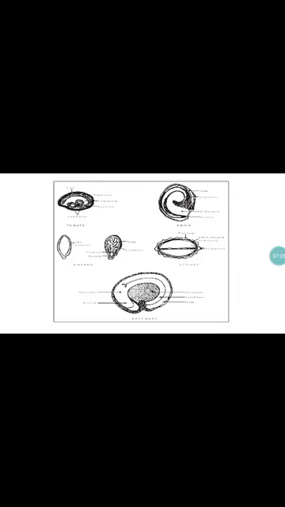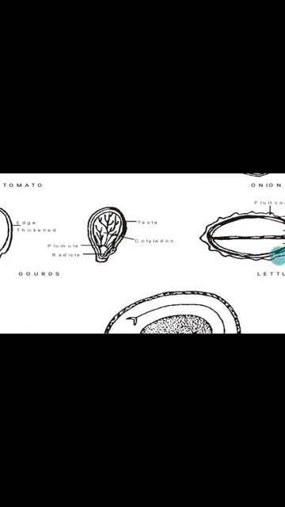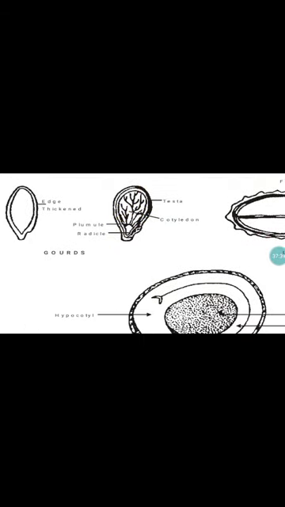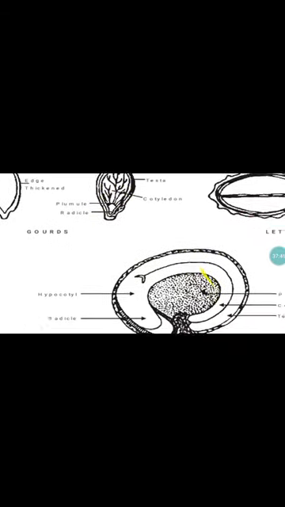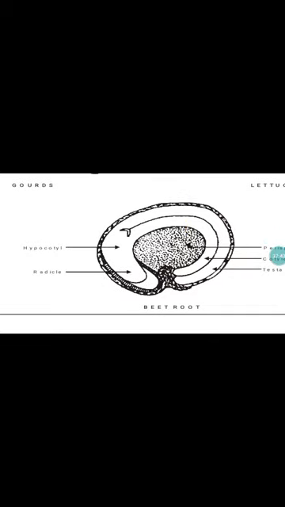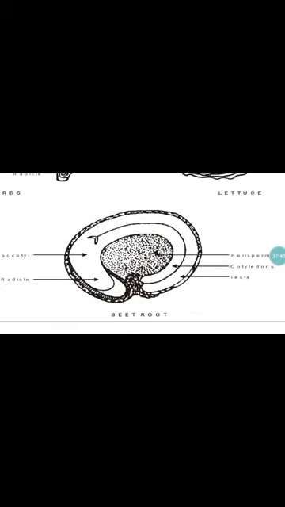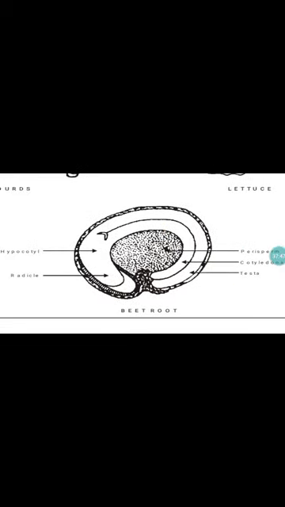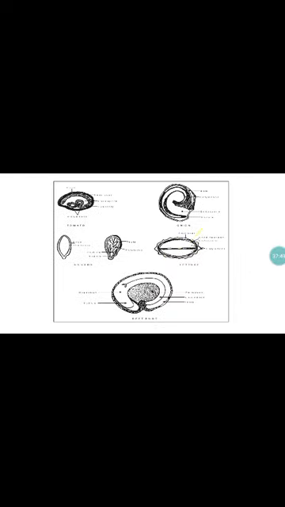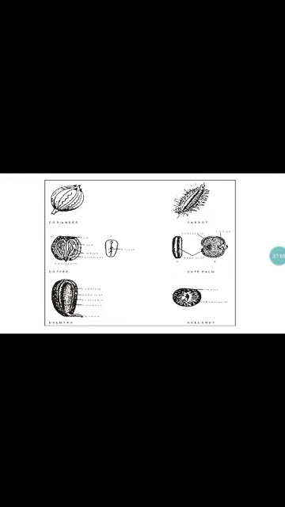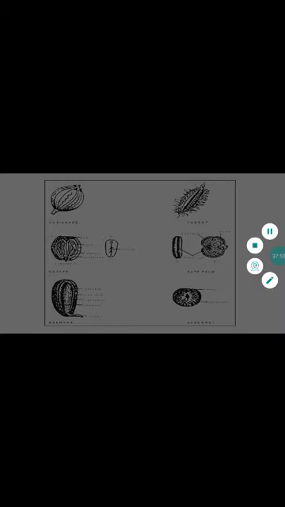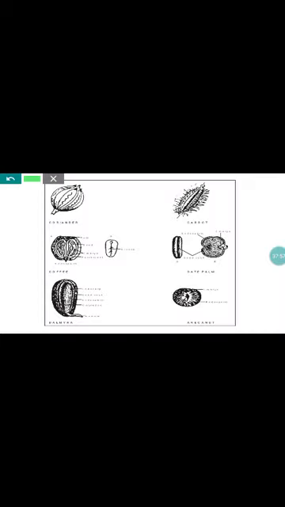I already told you that cucurbits have a leafy cotyledon, like that of castor and sunflower. In beetroot, perisperm will be available, so powdery masses will be loaded. In the case of coriander, the dry fruit itself acts as the seed.